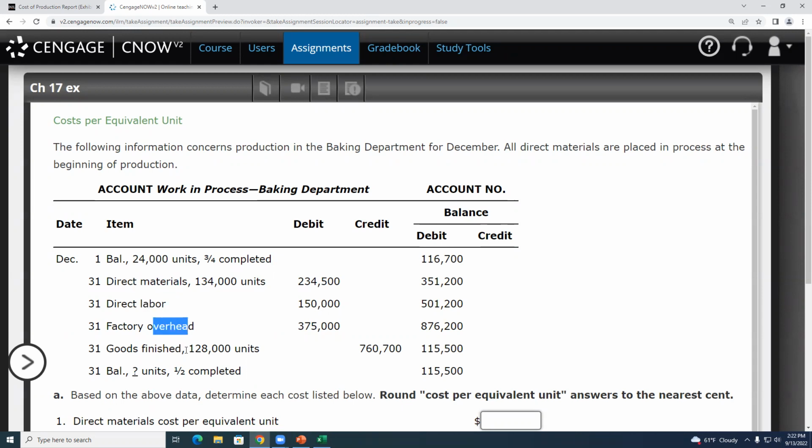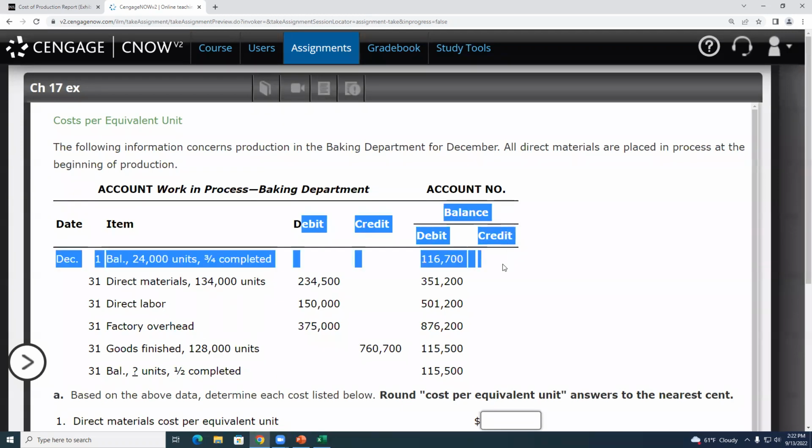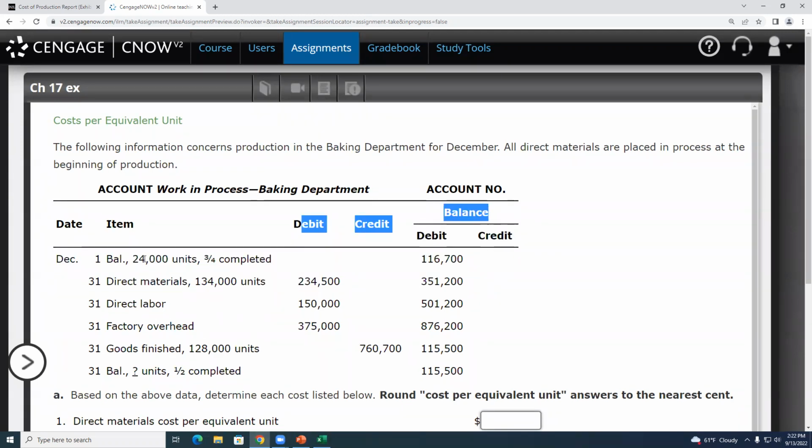And then we are told how much was finished and transferred out to the next step in the process. And then we're told how much we had left at the end of the month. The information in these debit and credit columns is dollar amounts. The information that's given here in the description are units.